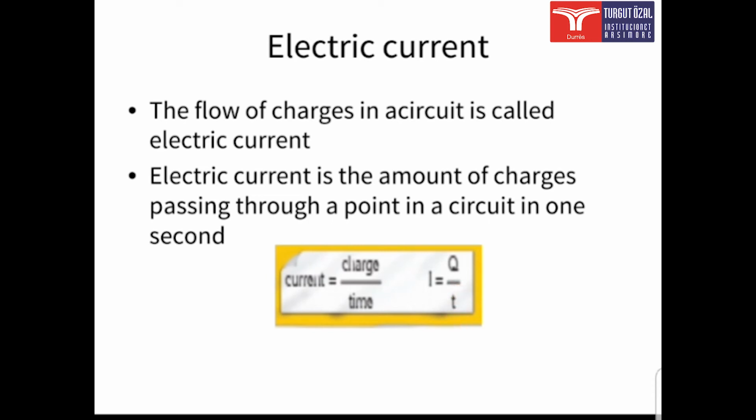The units for these quantities: the unit of electric current is ampere, the unit of electric charge is coulomb, and the unit of time is second.